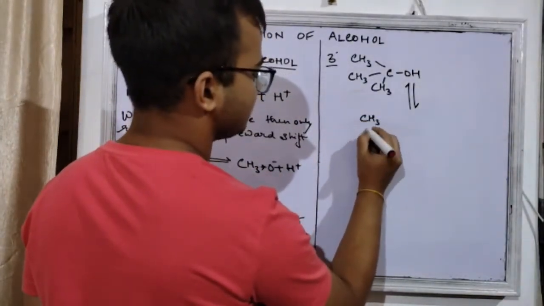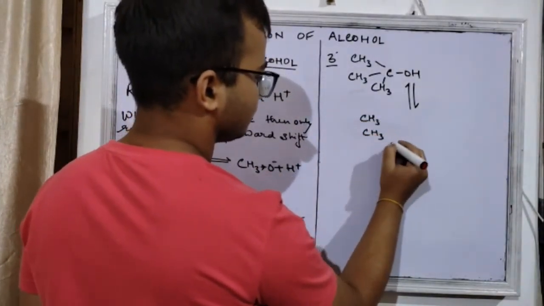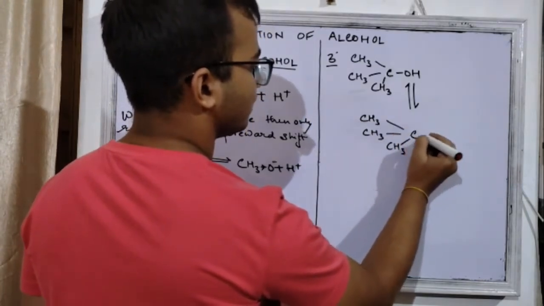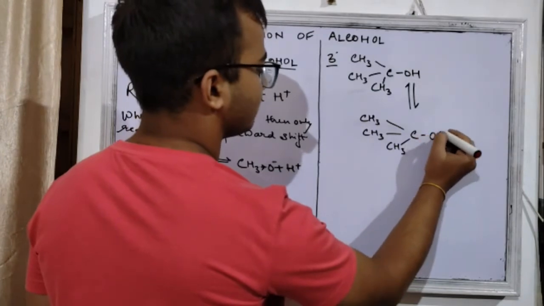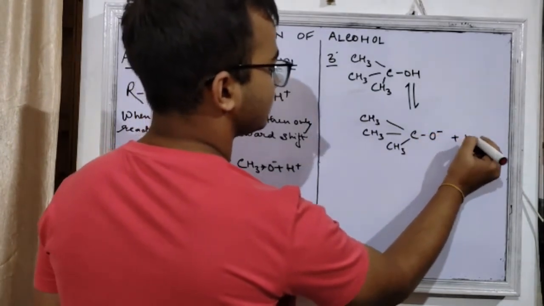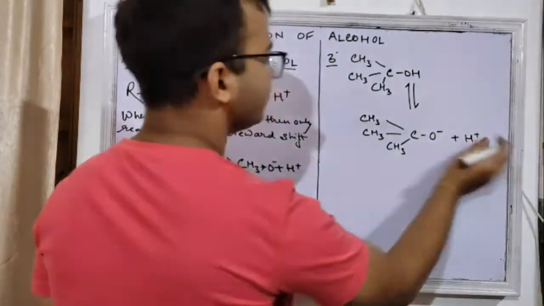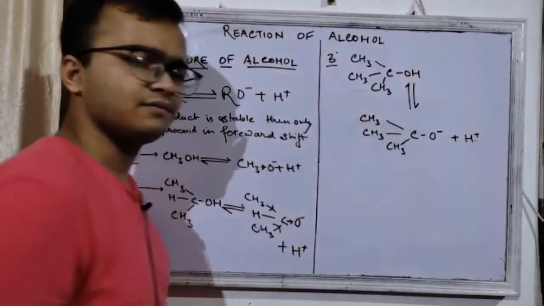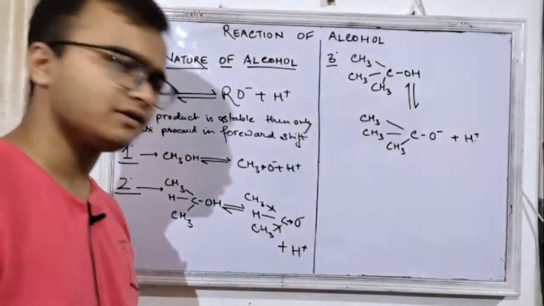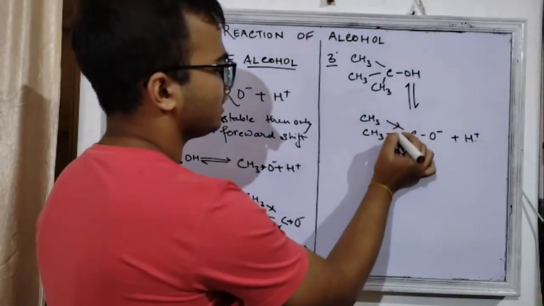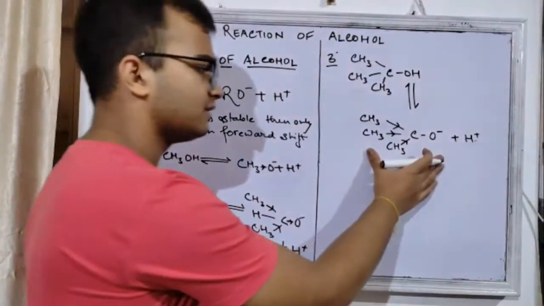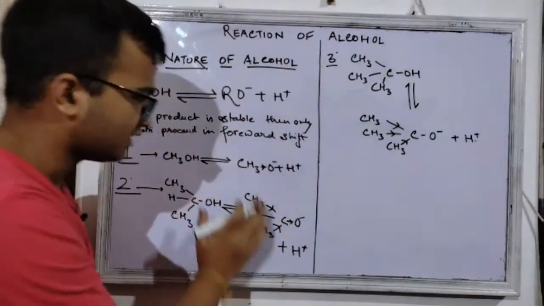It will be CH3 CH3, right? It will be C, it will be O minus and H plus. Now see, if you see this group, number of CH3 present is 3, and CH3 we know is plus I group. It will make the electron density on the O more dense. As a result, this product will be very unstable compared to this one and this one.